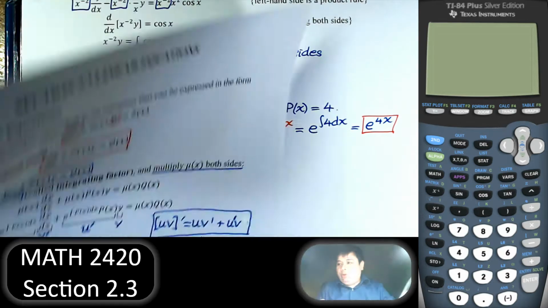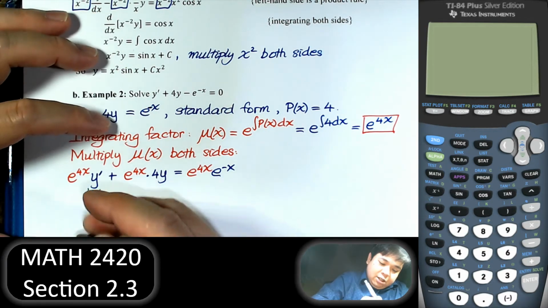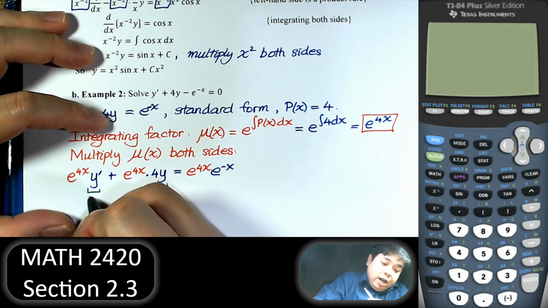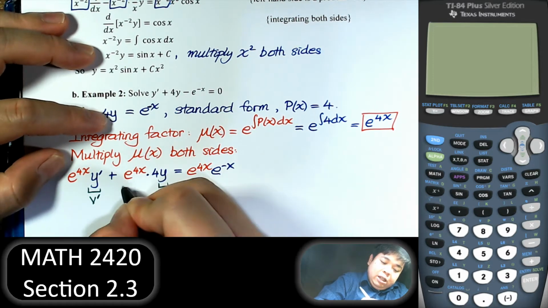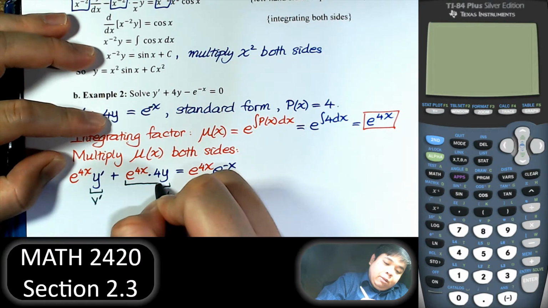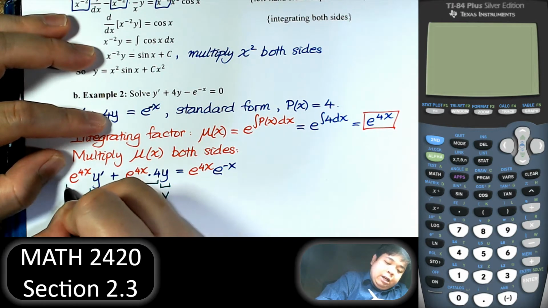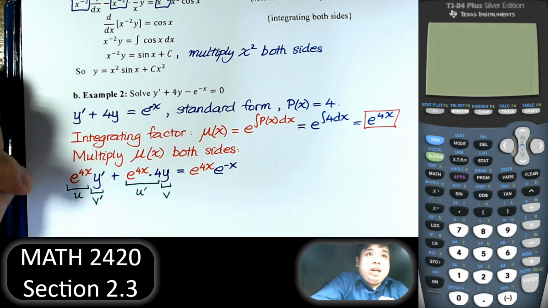It doesn't matter how you write it. So here I can say this is the derivative and this is the function. So obviously this one is going to be v prime and the other one is v, and the one going with the v is going to be u prime, and the one going with the v prime is going to be u.